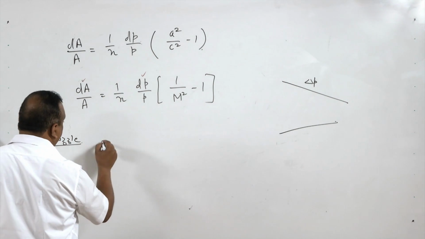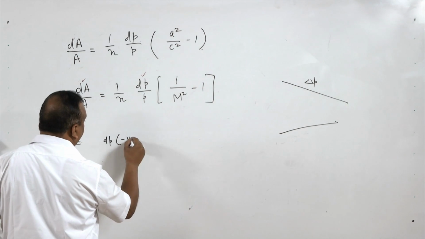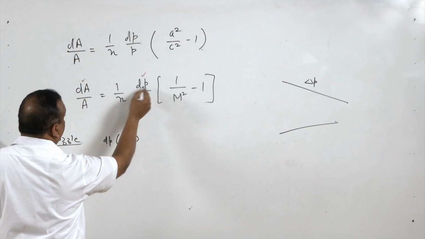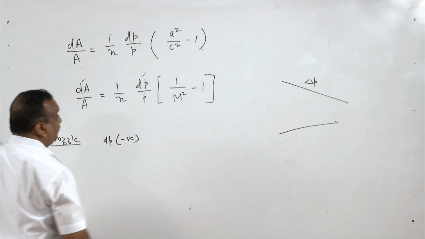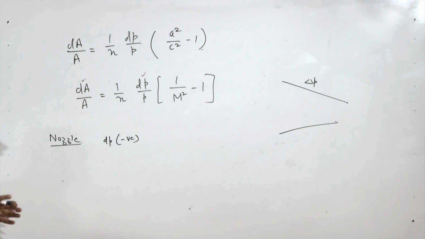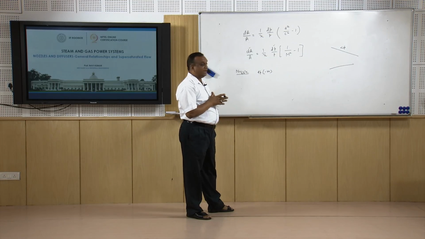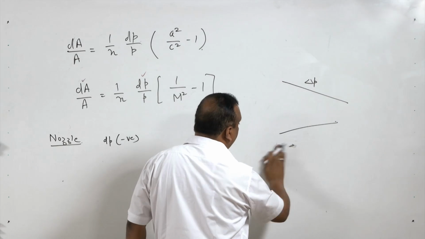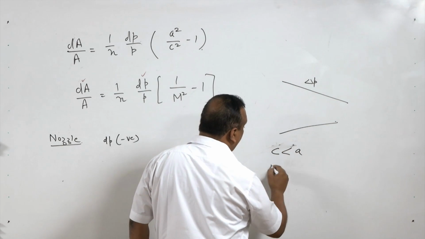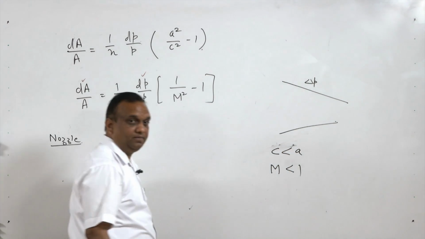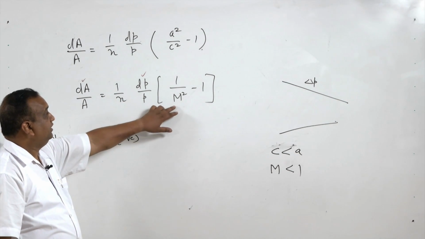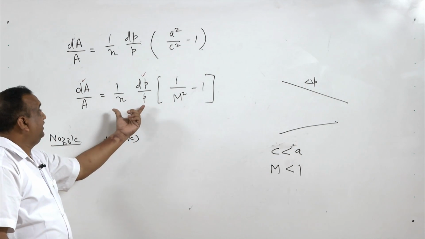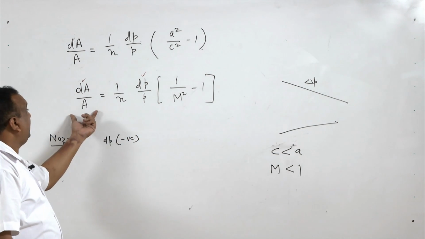Now, the velocity of steam is less than the sonic velocity, or C is less than A, or M is less than 1. When M is less than 1, this expression is positive, right? And dP is negative. So dA by A is negative.